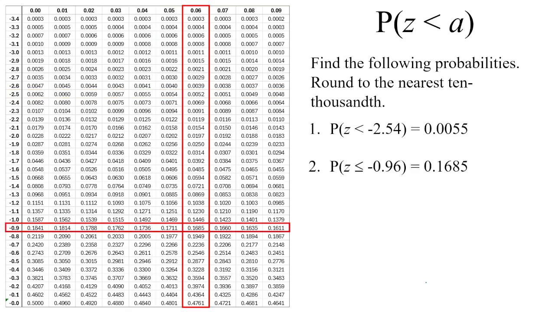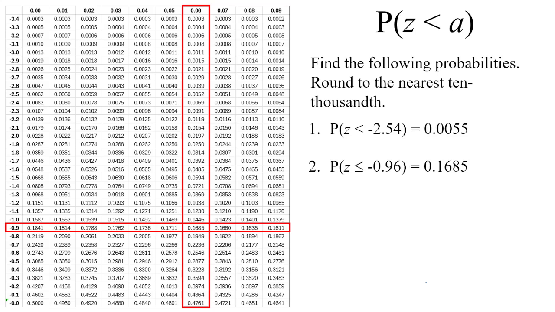Next, the probability that the z-score is less than or equal to negative 0.96. Now, let me say this: the difference between less than and less than or equal to is so minute that you could just ignore the "or equal to" part. You're still going to just use the chart.